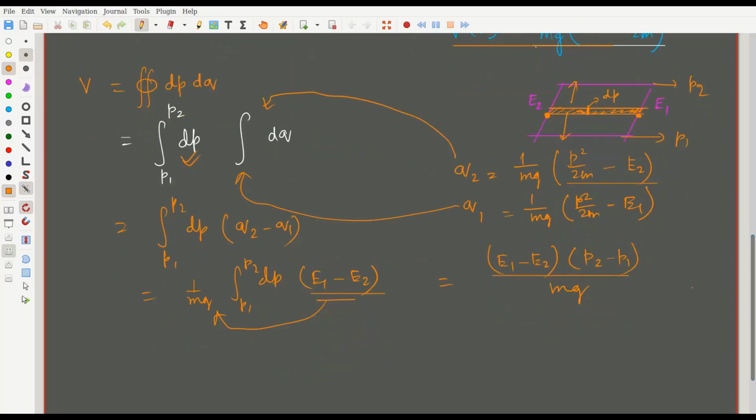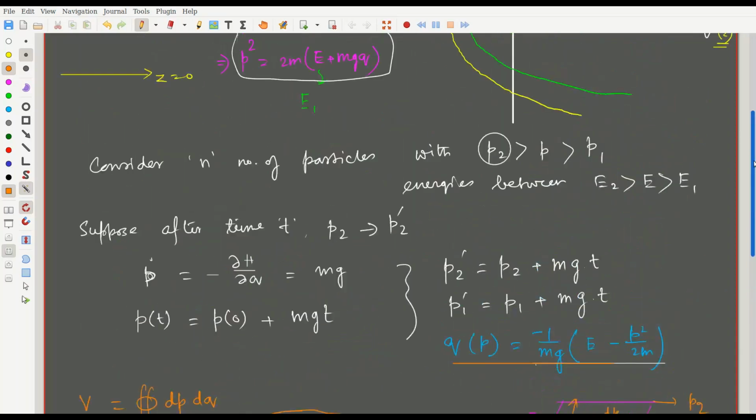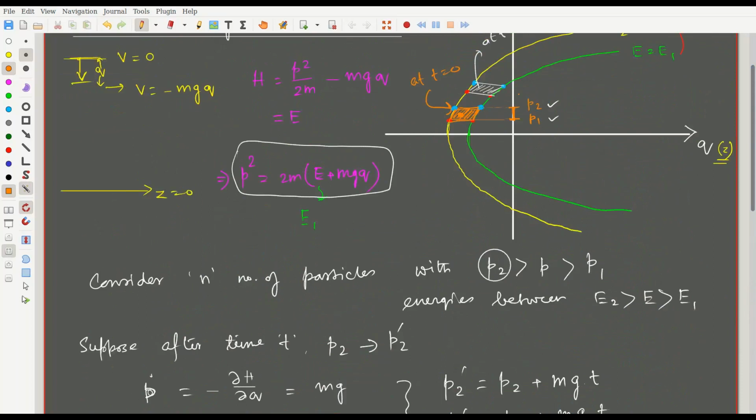Okay. Now, what will happen if you go to time t? So at time t, you will do the same exercise. Remember, my diagram is not correct, but anyway, p1 has been transported to say p1 prime, and p2 has been transported to say p2 prime. So basically, it's the same trick.